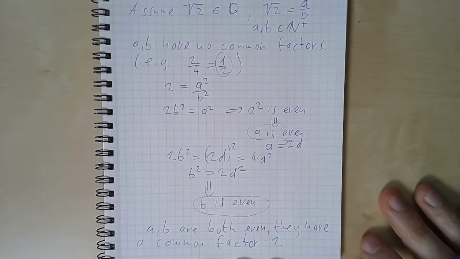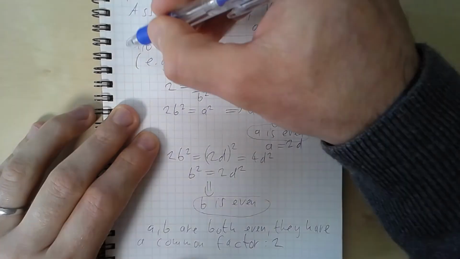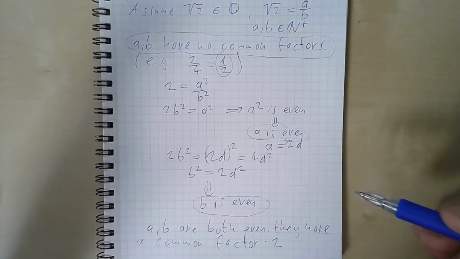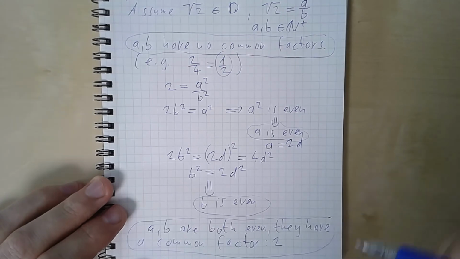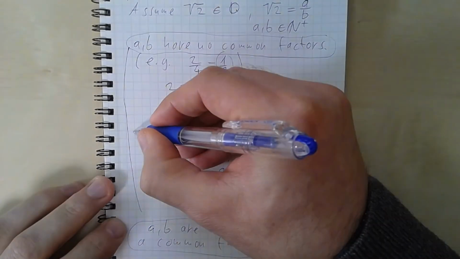Okay, so what's the problem here? Well, we said that a and b have no common factors, and we went through logically, and now we have a and b with a common factor 2. So there is a contradiction here.